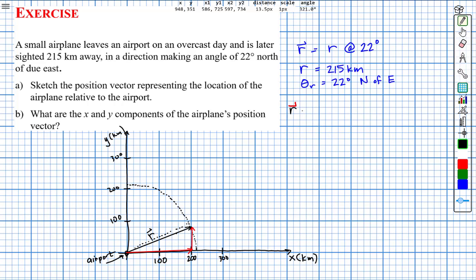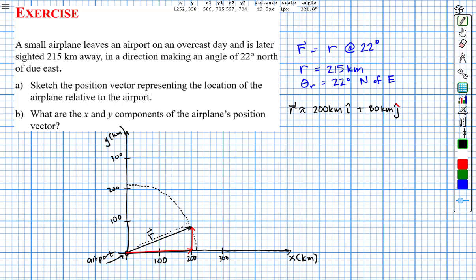So for my guesstimate, I'm saying the position of the airplane is roughly 200 kilometers along the x-axis and roughly 80 kilometers along the y-axis.